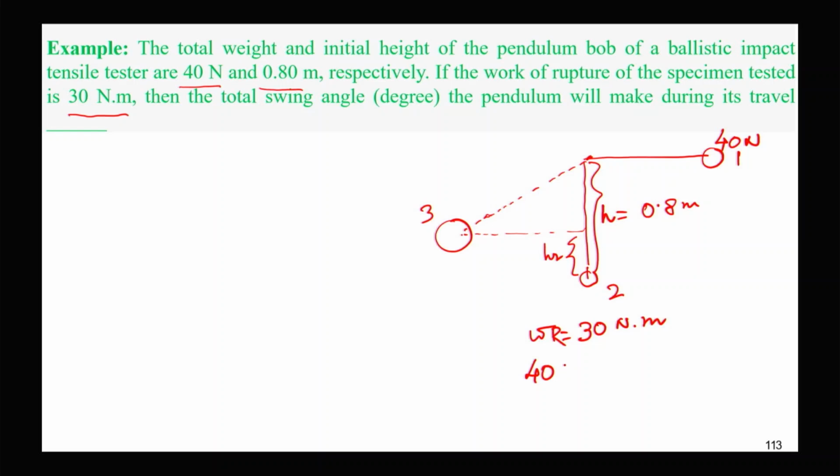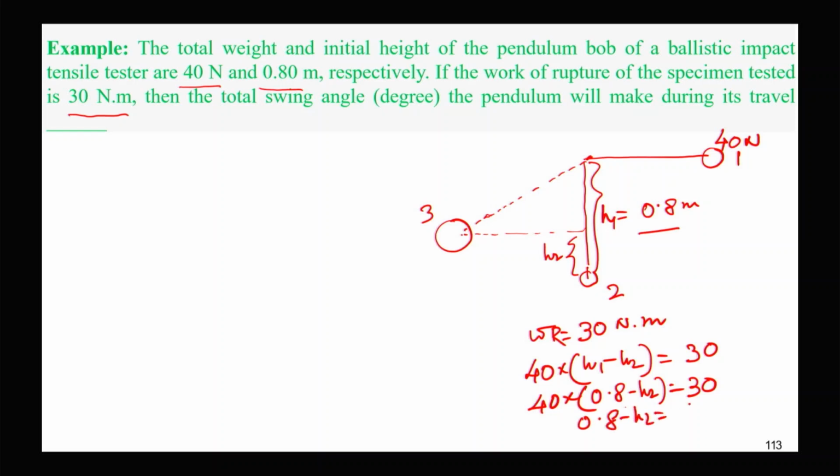So we can write the equation: W multiplied by H1 minus H2 equals 30 Newton meter. 40 multiplied by 0.8 minus H2 equals 30. So 0.8 minus H2 equals 30 by 40.